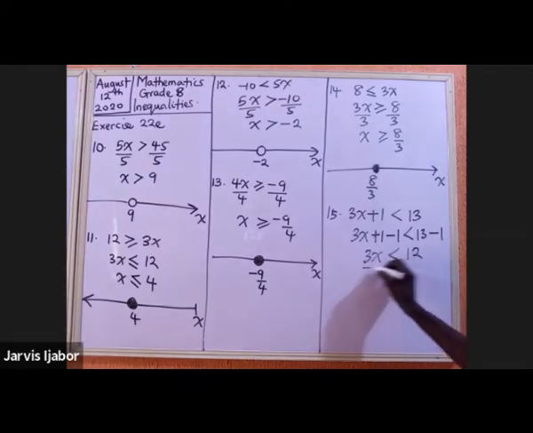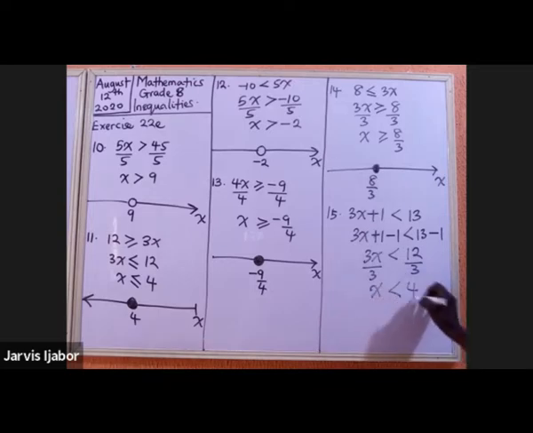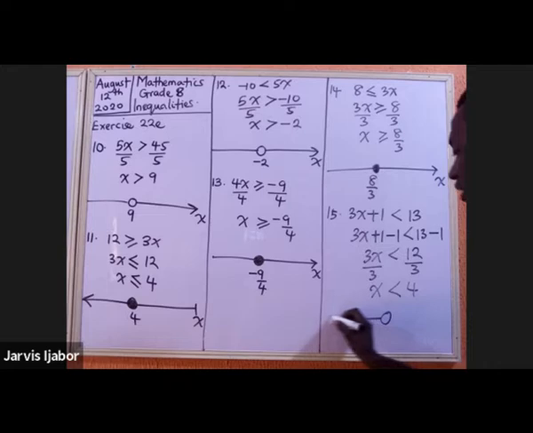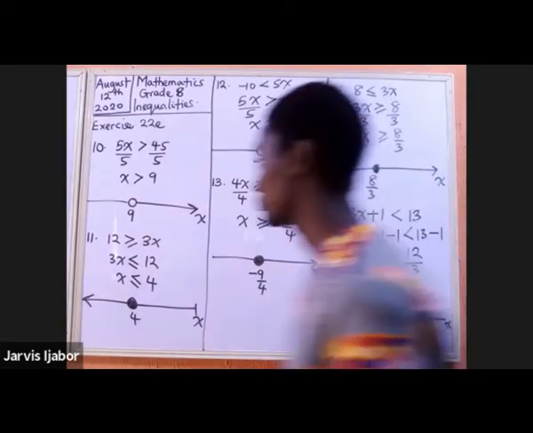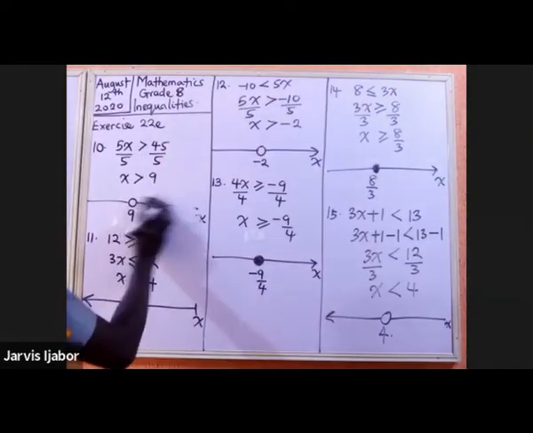You divide both sides by 3, and what you're going to get will be x less than 4. How do you do that? Draw your bubble, going in this direction, complete in this direction, x, and then the bubble will be 4. That's all. So let's go to question 16.